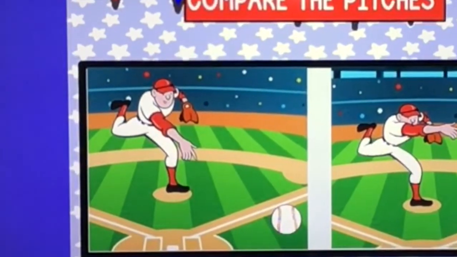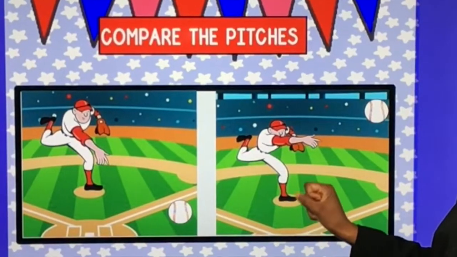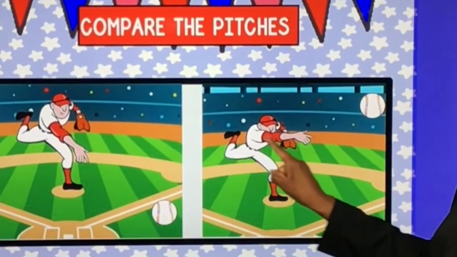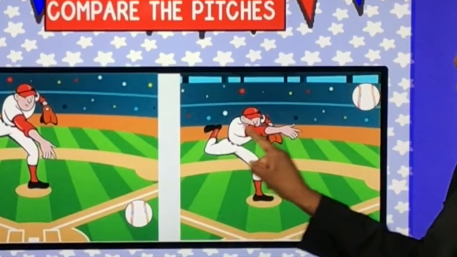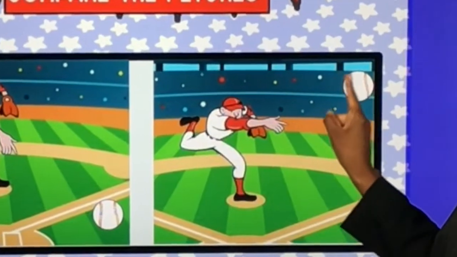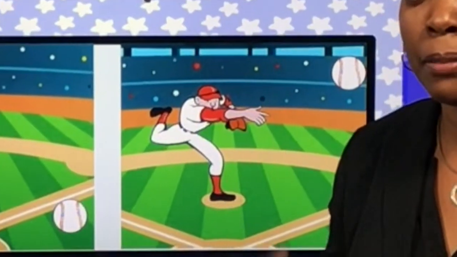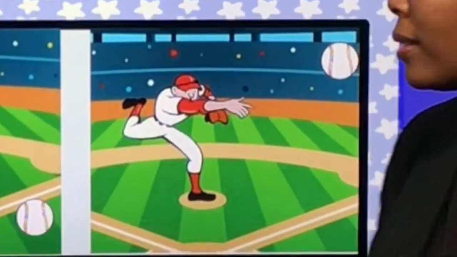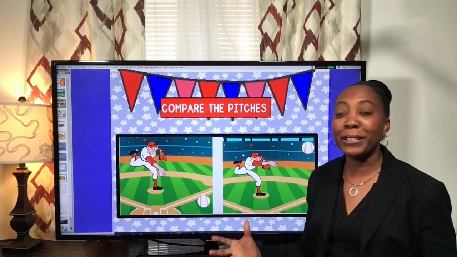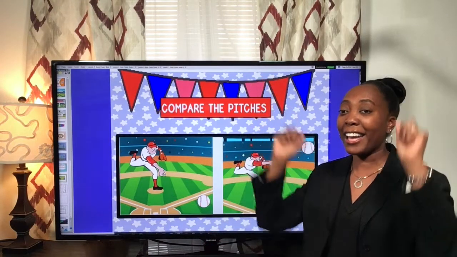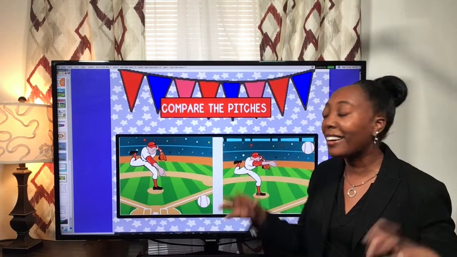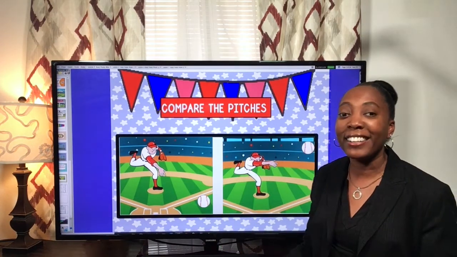And let's look at the next box. You can even tell by the extension of his arm, what would you say the ball is? Is it high or low? What do you think? Absolutely, that ball is high up in the air, right?